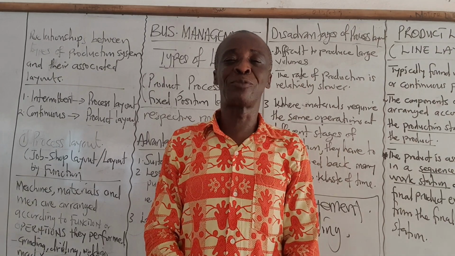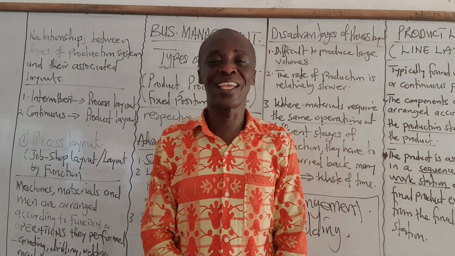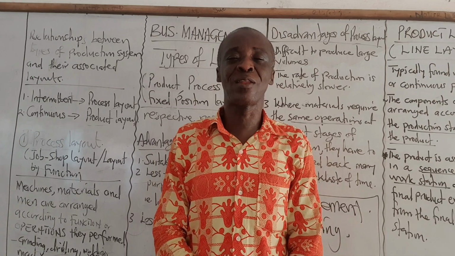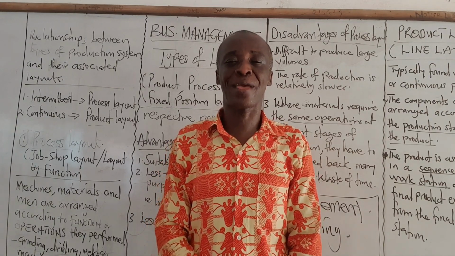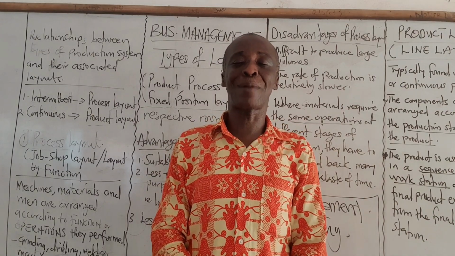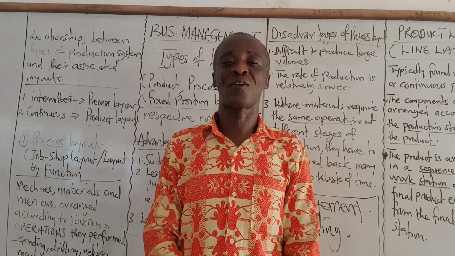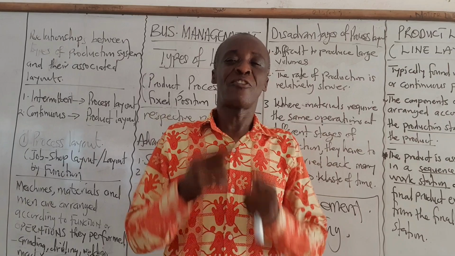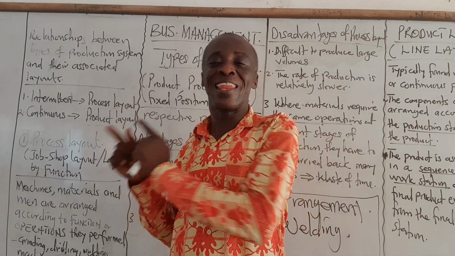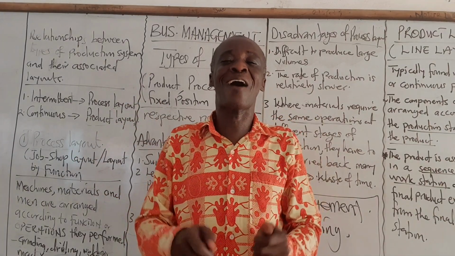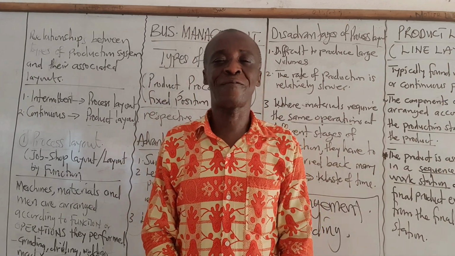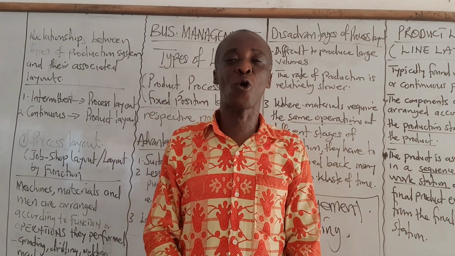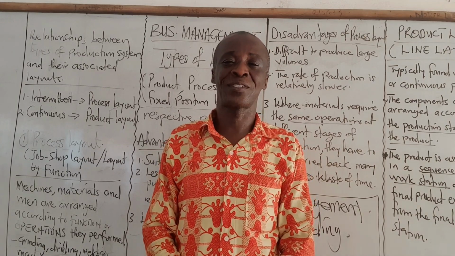So then we came to the process layout. We have talked about the meaning of process layout. We said here the men, the machine, materials, and so on are arranged. Remember, the layout means arrangement. But how are they arranged? They are arranged according to the functions or the operations to be performed.